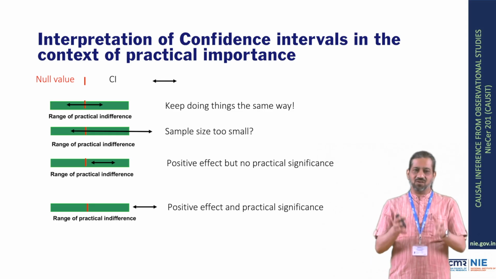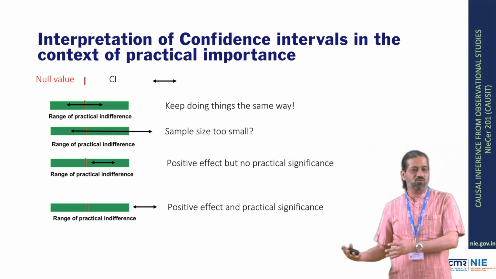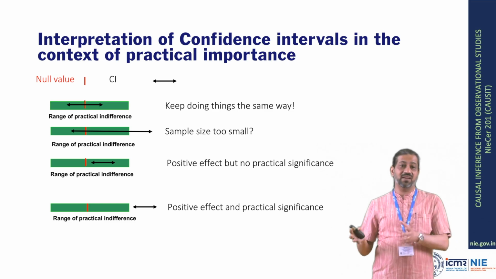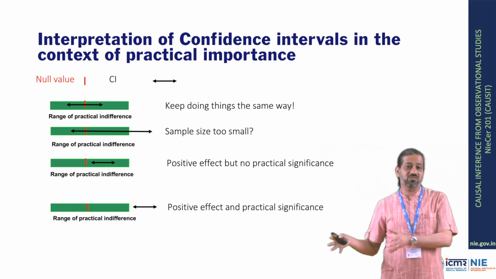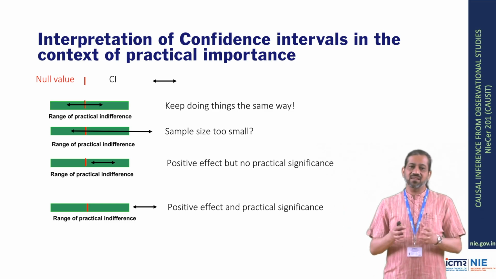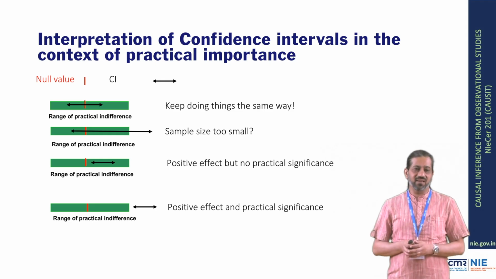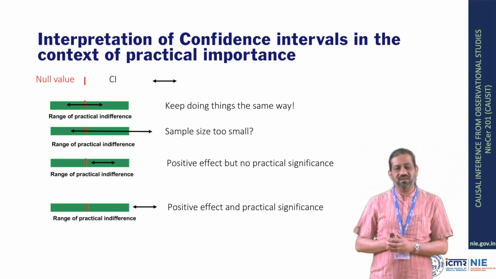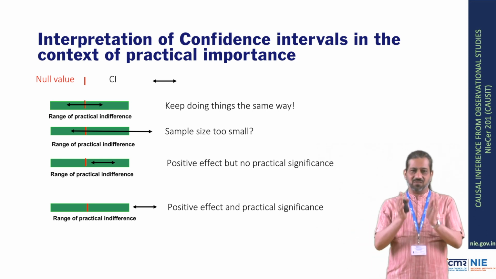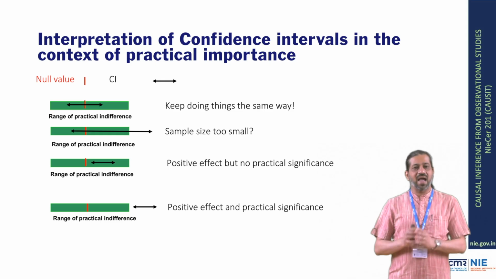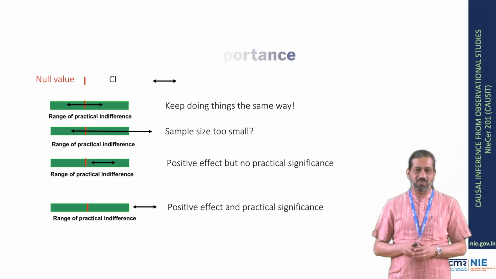However, if you have a confidence interval which shows a positive effect, and the values are also outside of this range of practical indifference, then it really makes sense. And we can say, yes, this is an important finding, that there is a positive effect. It is pretty precise because the confidence interval is relatively narrow, and it's also of practical importance.